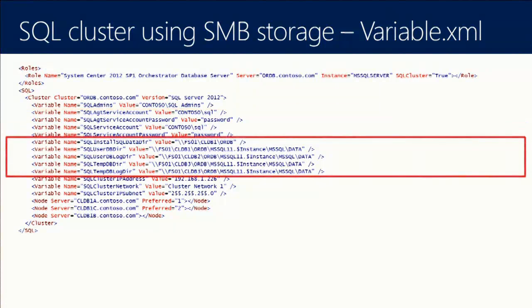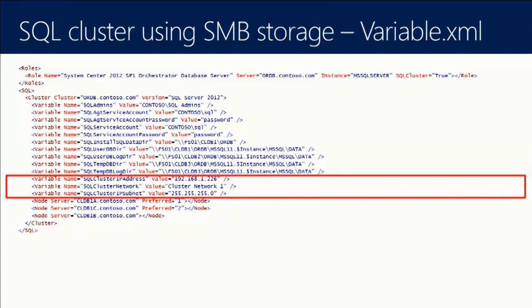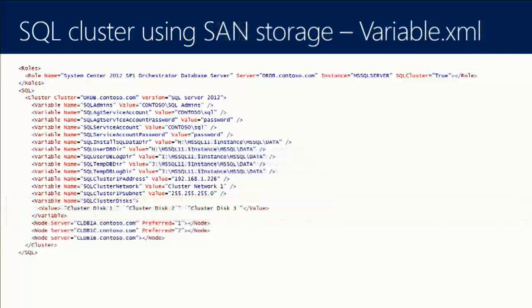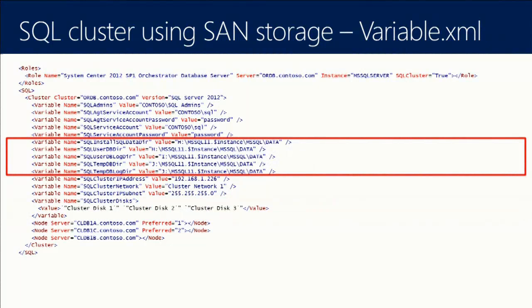Installing a cluster, we'll install a SQL cluster either with SMB storage or with traditional cluster shared storage. This is an example of the SMB one, so I'm just saying that this database instance happens to be a cluster. Then I'm specifying the cluster down here. And the service accounts used by a SQL cluster have to be service accounts. It can't use system accounts.